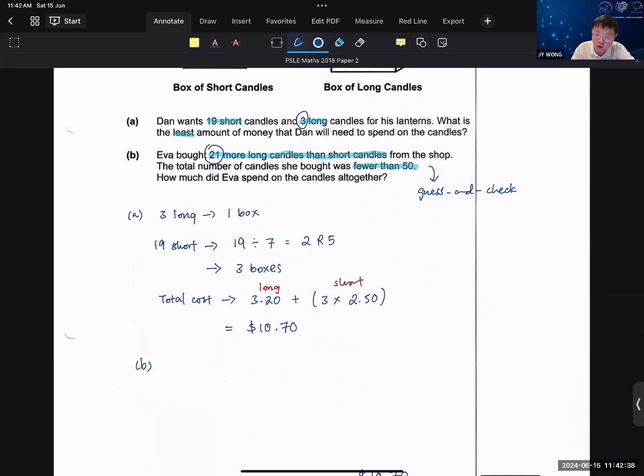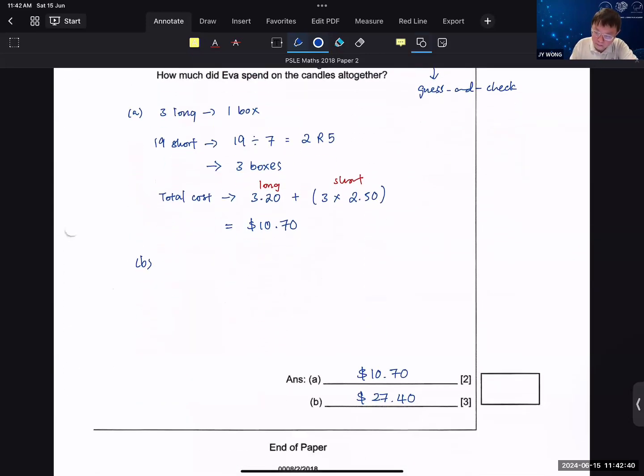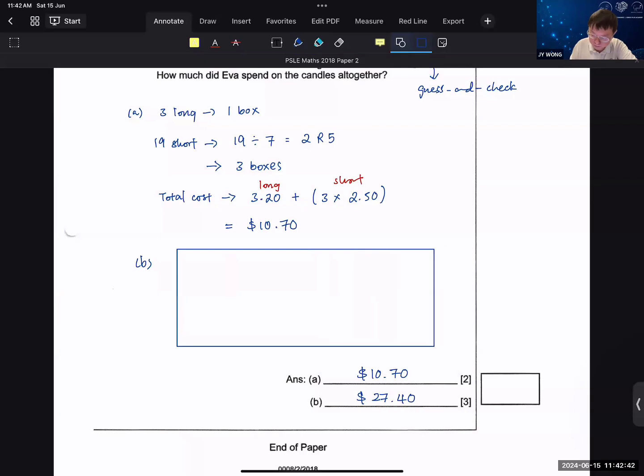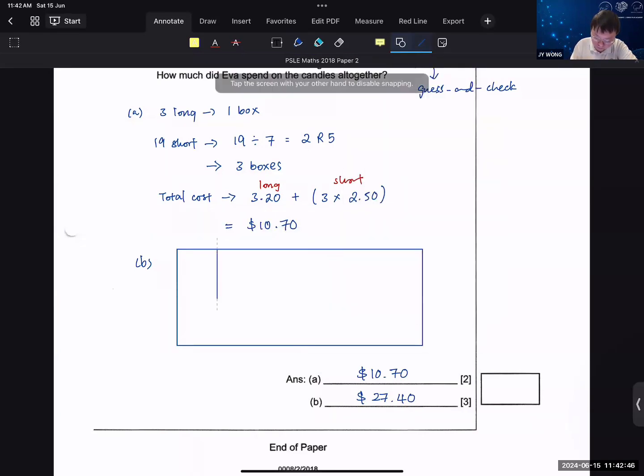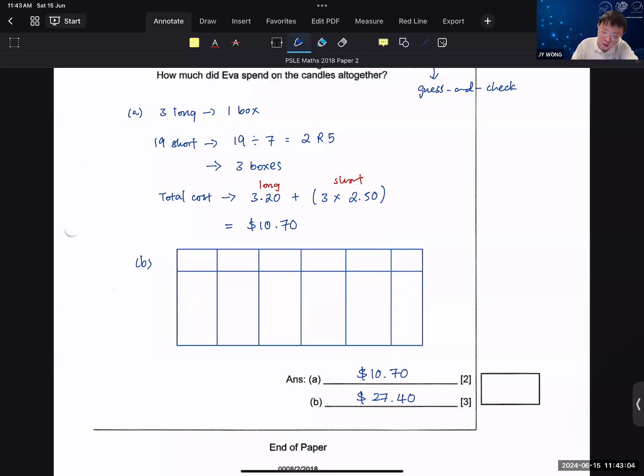So when you draw out your table, what will you have?